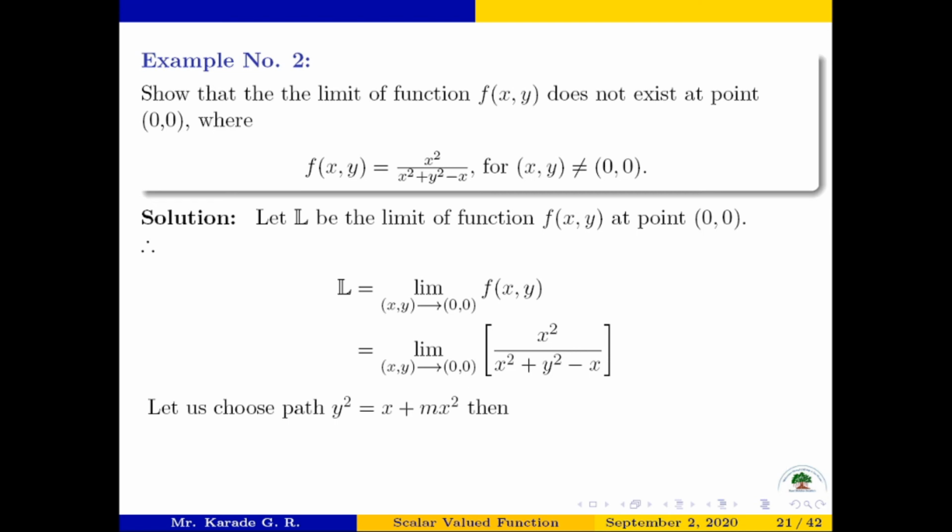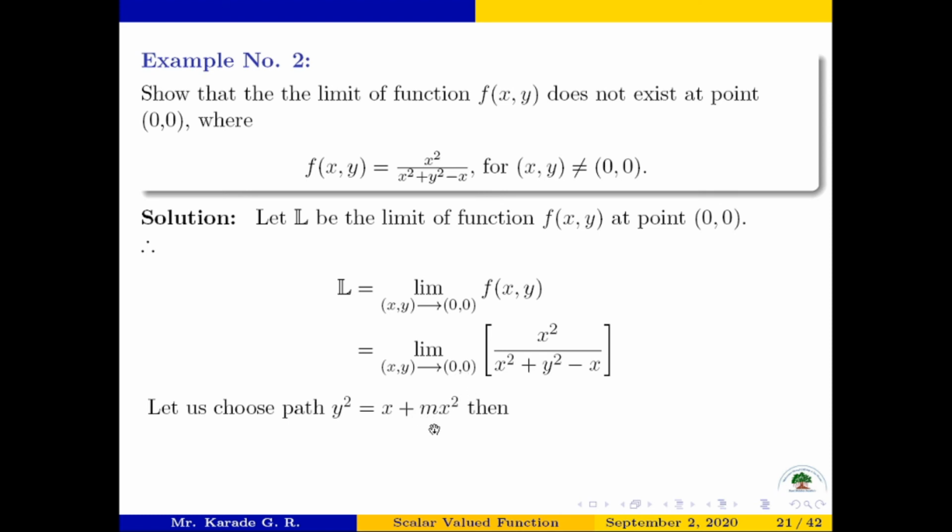So you can check that the path passes through the point 0 comma 0. The coordinates of that point satisfy this equation. Therefore we can say this path passes through the point 0 comma 0. We just choose a path which passes through this point.